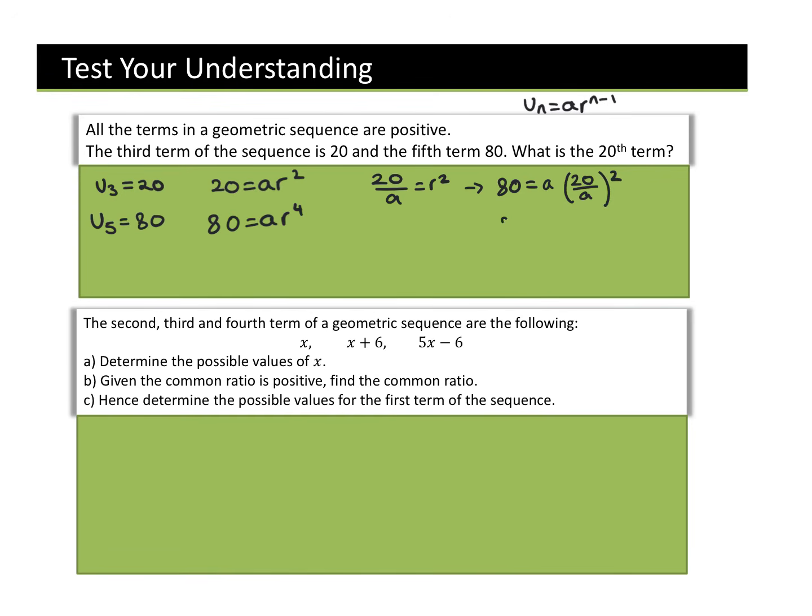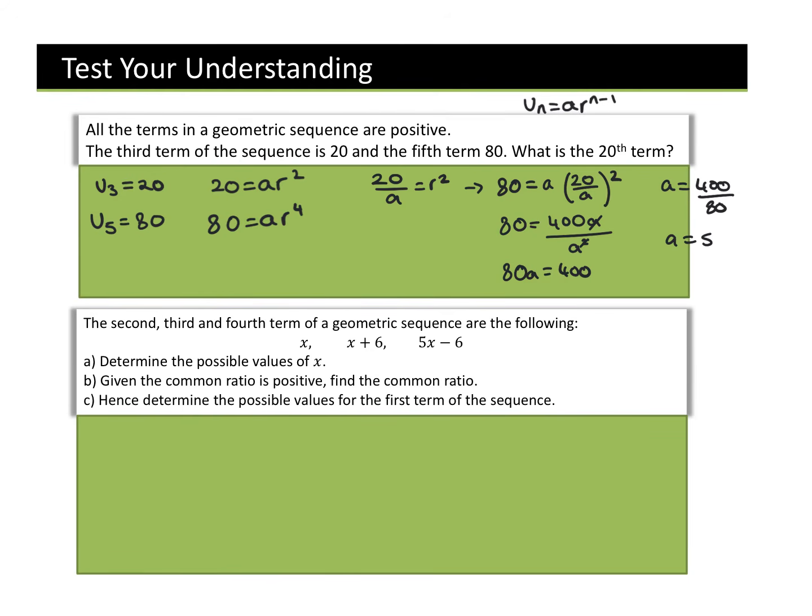So this is going to be 80 equals 400a over a squared, which becomes 400 over a. So 80a equals 400. So a equals 400 divided by 80, a equals 5.